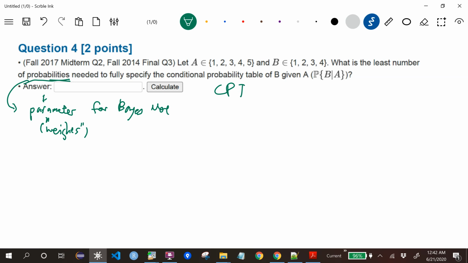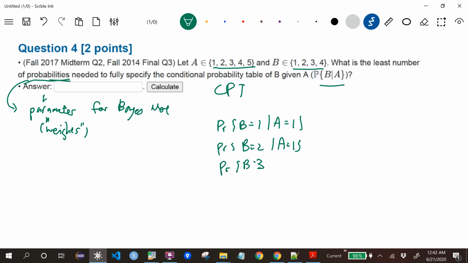table. So here, for example, B can take 4 values and A can take 5 values. So I need to keep track of the probability of B is 1 given A is 1, and the probability of B is 2 given A is 1, and B is 3 given A is 1.